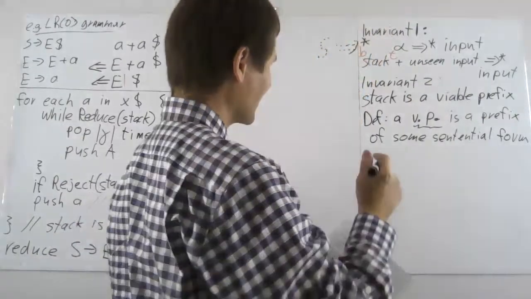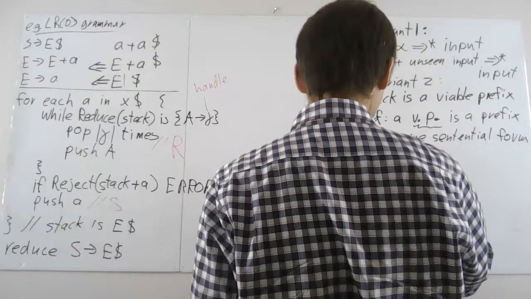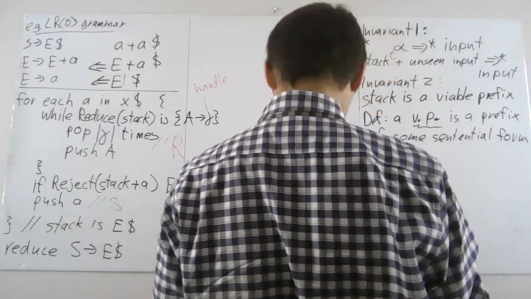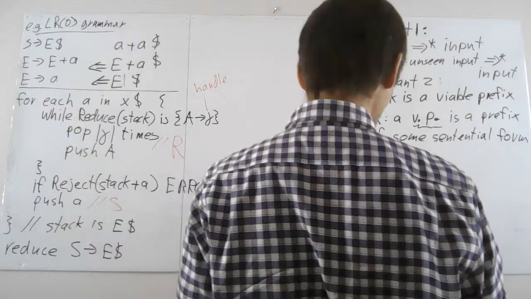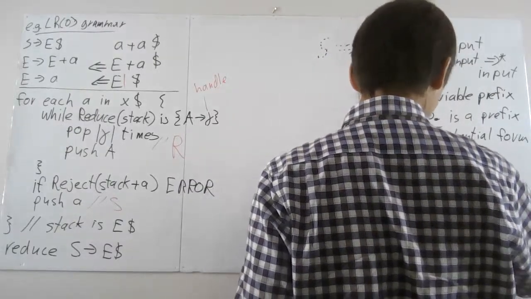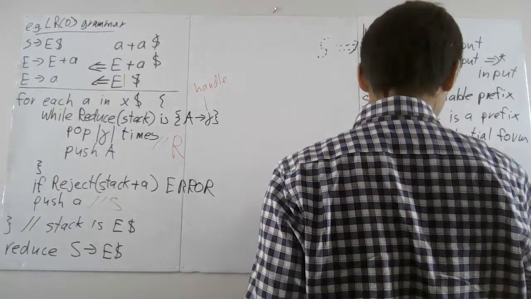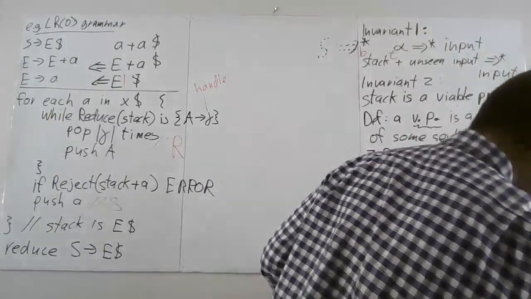And I can restate the invariant formally, so I can say there exists a beta such that S derives the stack plus beta.